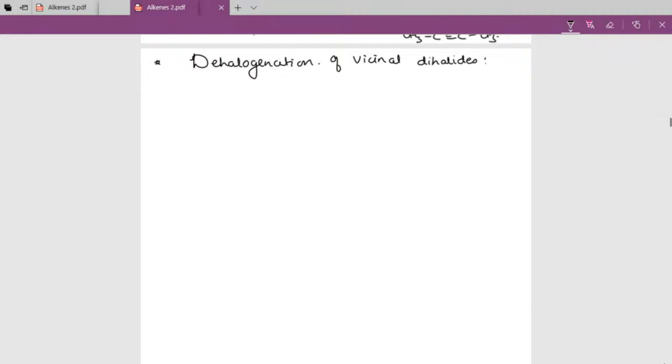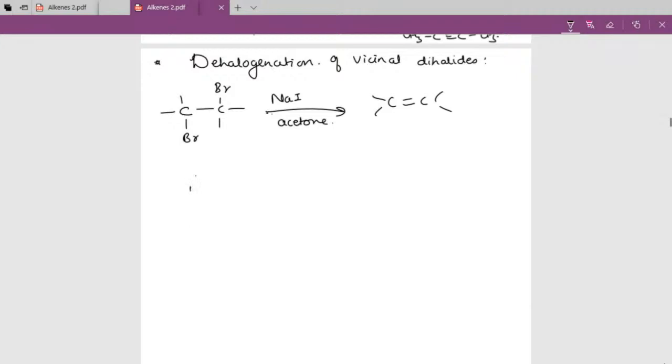It can be achieved by metals. But here I am considering particularly if I have vicinal dibromides like this and we use the reagent NaI in acetone, something like Finkelstein, then we can have alkenes.